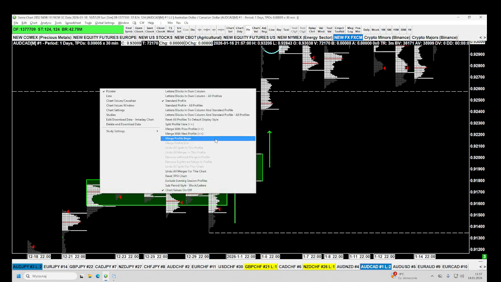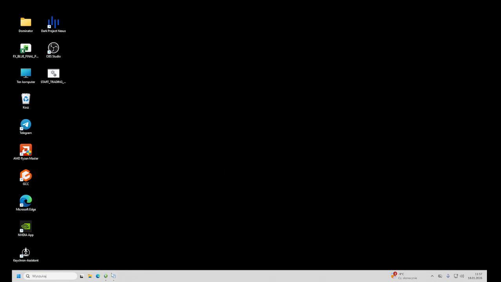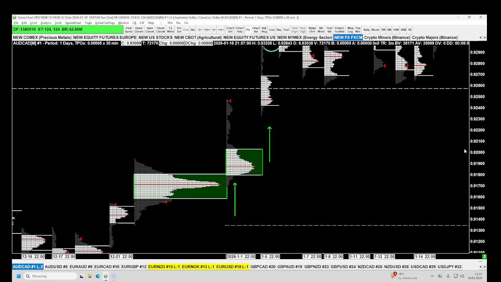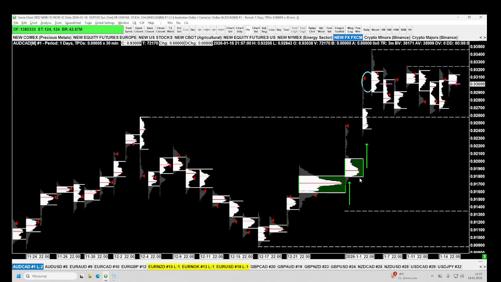The second target is the second point of control, and the third target is the low of all of this, let's say, area. Okay, so I think that's pretty much it for today.